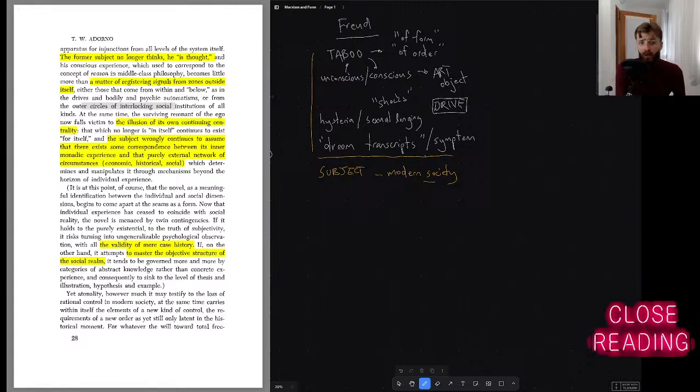So I want to bring back one of those key dialectical oppositions, which is the subject and the object. The subject, in a very straightforward and simple way of thinking the subject, is this transcendental idealized subject of one who thinks, right?